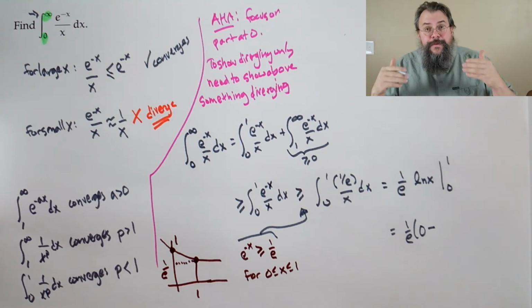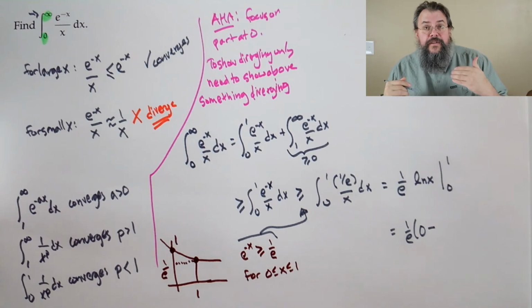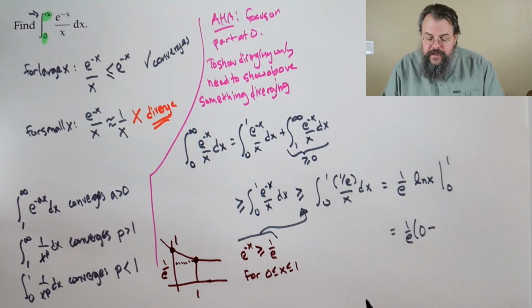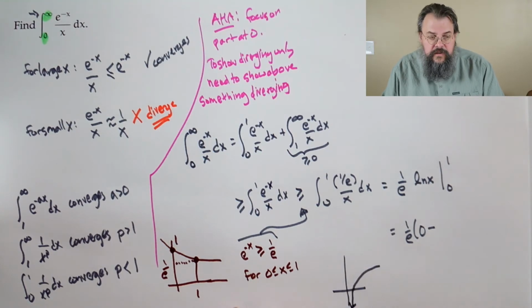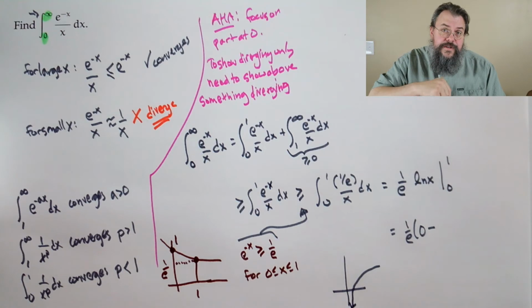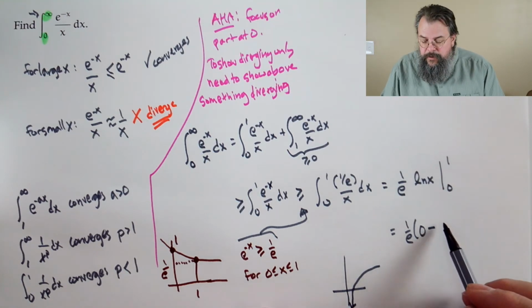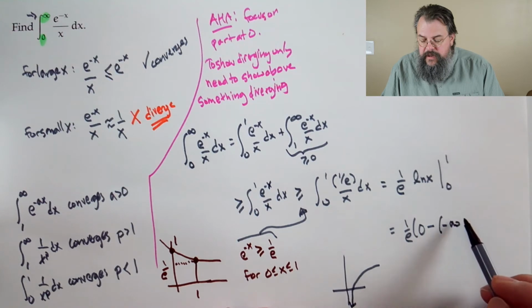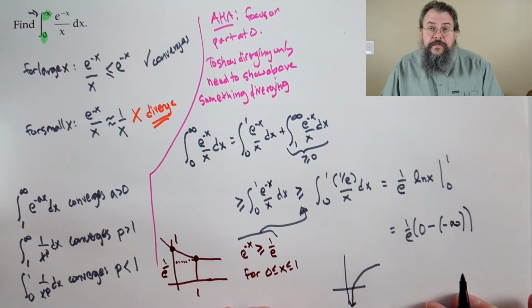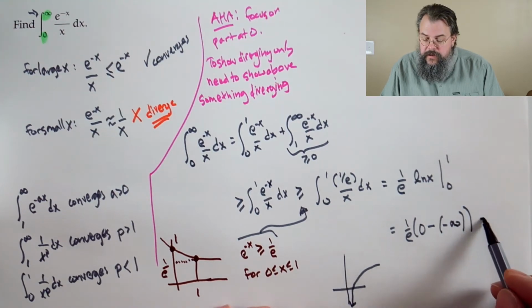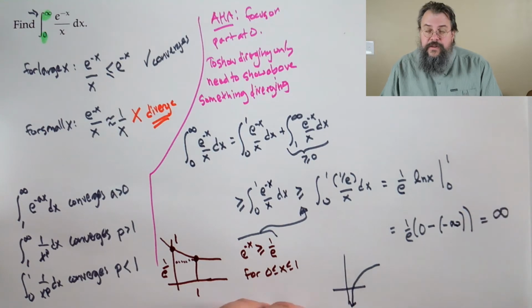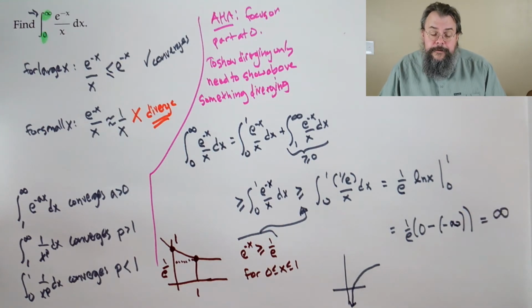We have a problem at 0. So we have to say, well, what happens as we go to 0? Because you can't plug 0 into natural log. As you go to 0, natural log goes down to negative infinity. So 0 minus infinity. In other words, it's diverging. And so that says this integral is infinite.